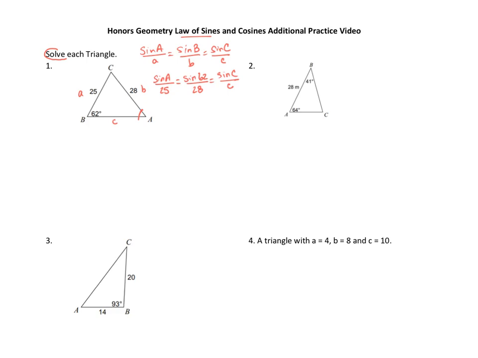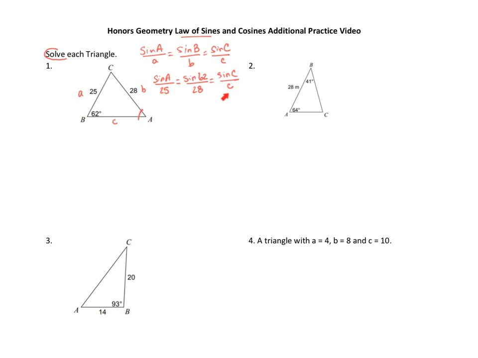So now look, here's what I'm trying to tell you from our notes from before. Remember, I can use any two ratios to solve for a missing side or angle. If I choose to use these two, notice right here I have two variables. I won't be able to do it. Same thing if I chose the first and the third.